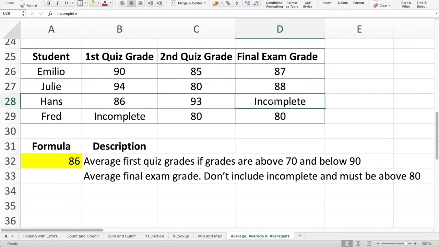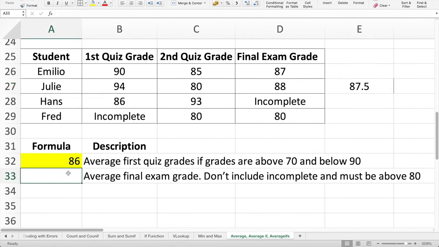And incomplete is also not included. It is actually specified here, meaning what we are going to average is just the 87 and 88. And by checking, it is actually 87.5. So again, our answer here must be 87.5. I just write it here for us to be reminded of the answer.